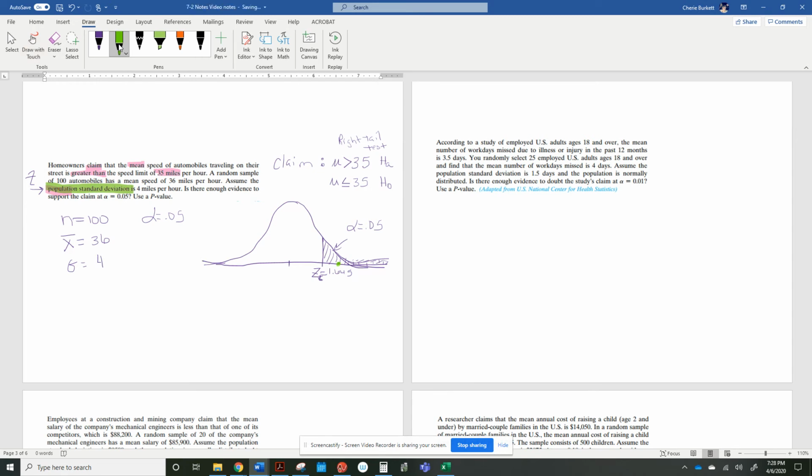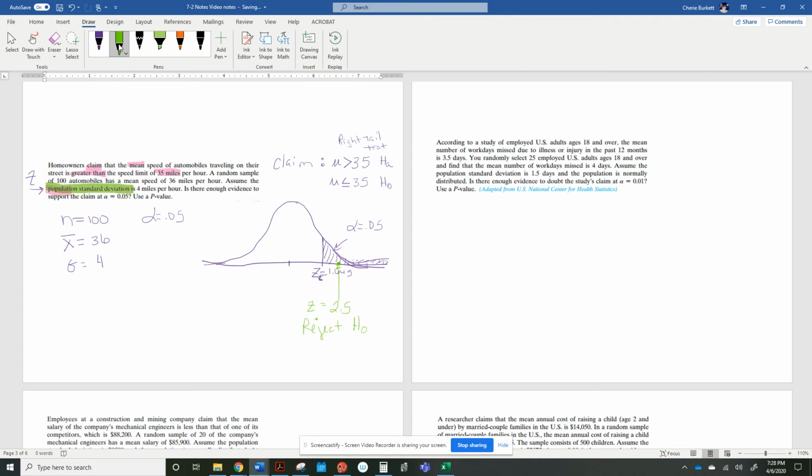If this is 1.64, 2.5 is going to be over here. That's my test statistic, so it's in the shaded region. Anytime it's in the shaded region, we reject. And remember, we're always testing our null hypothesis. We reject our H sub O.